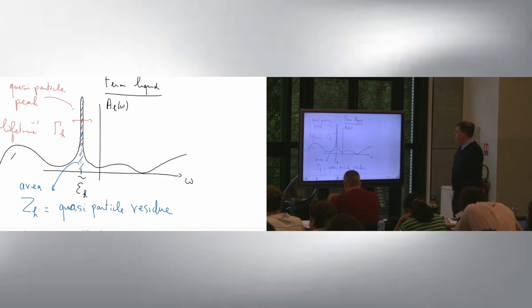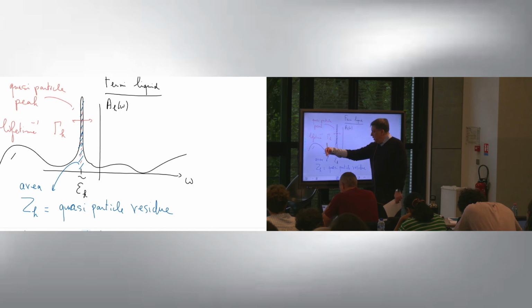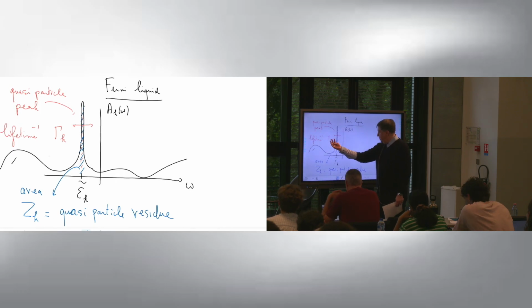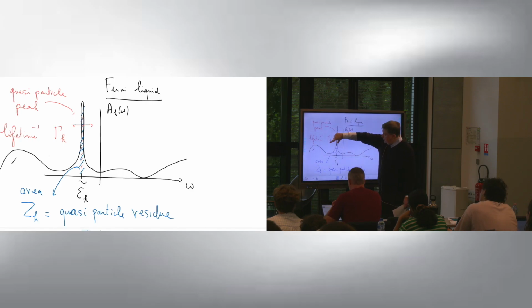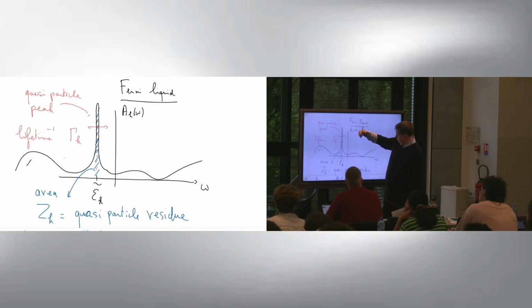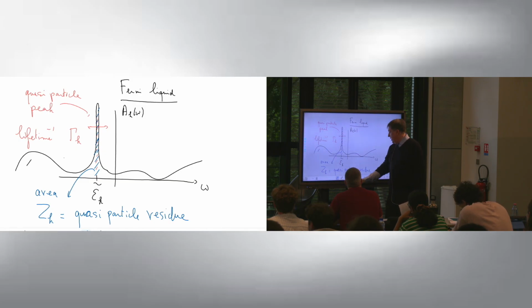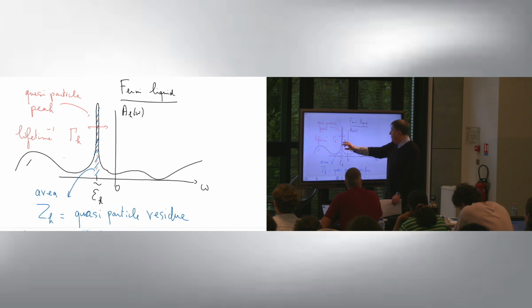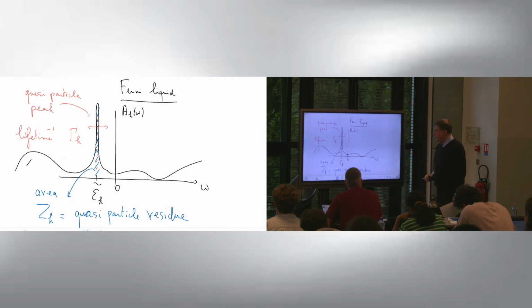And the point of the Fermi liquid theory is that when the peak goes closer and closer to the Fermi surface, the peak gets narrower and narrower. When you cross the Fermi level at omega equals 0 here, the peak becomes very, very thin and then increases again.